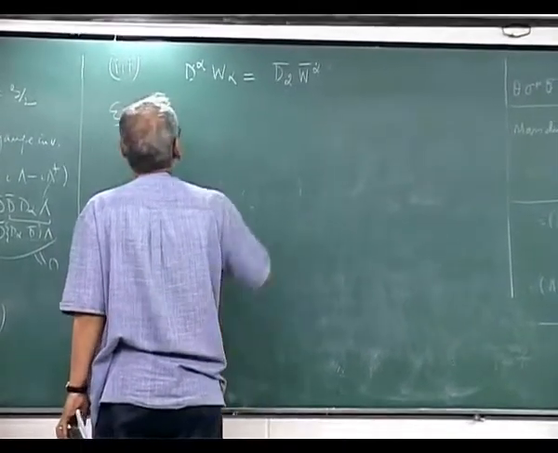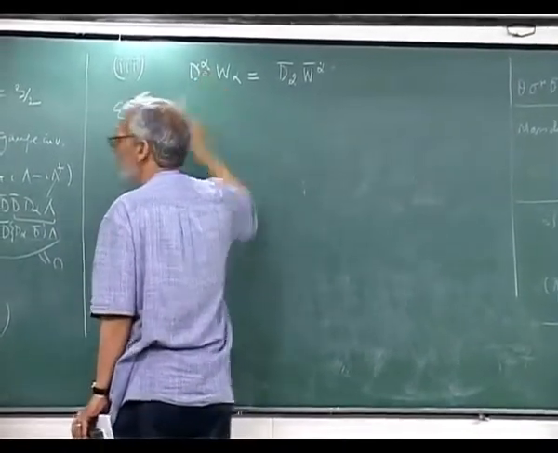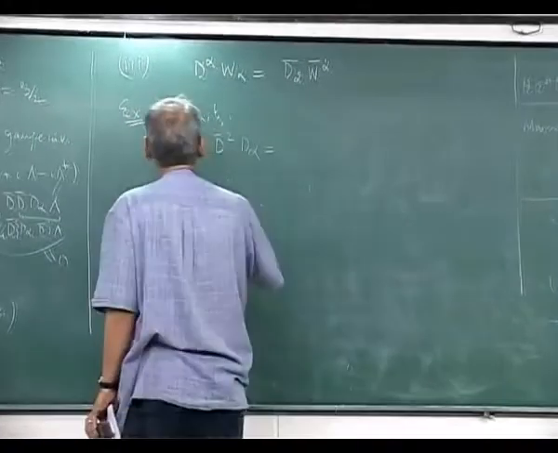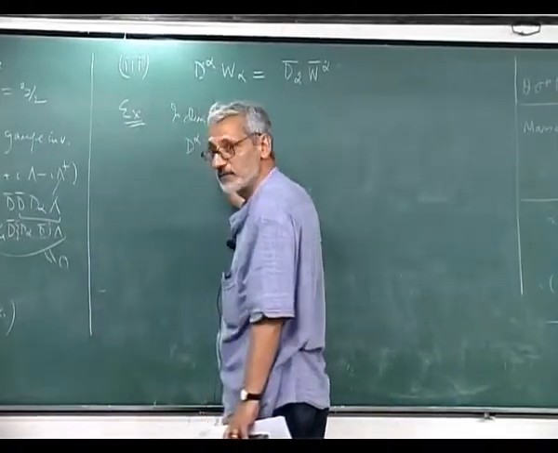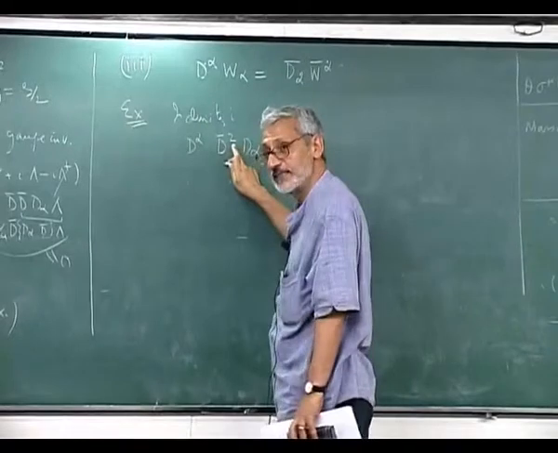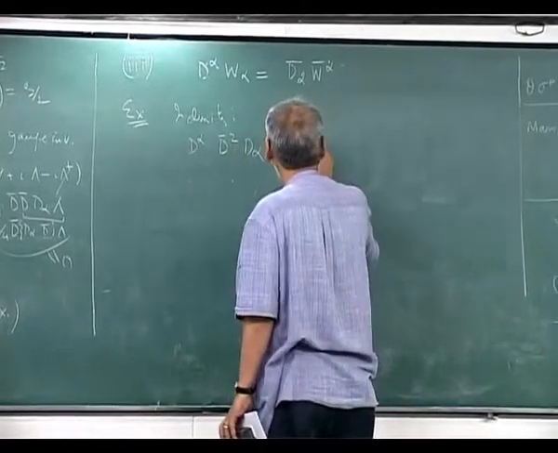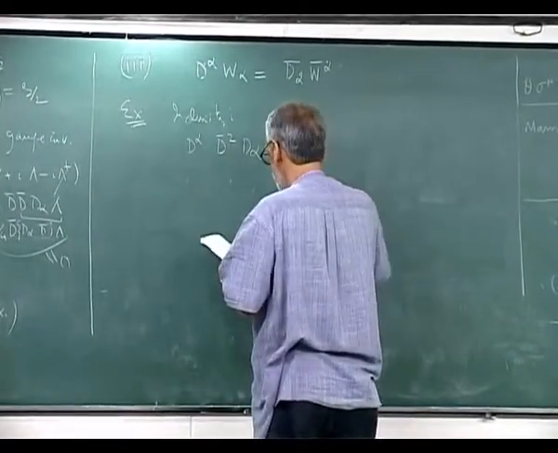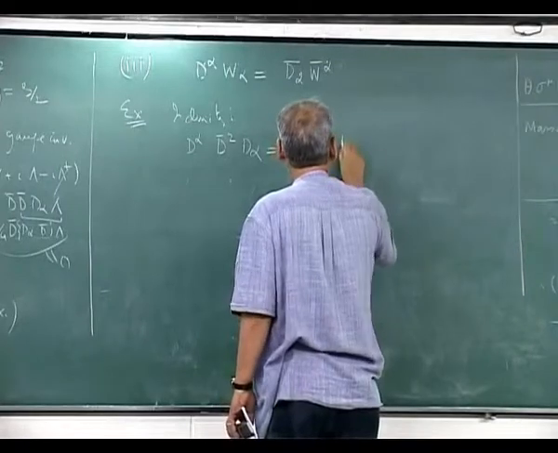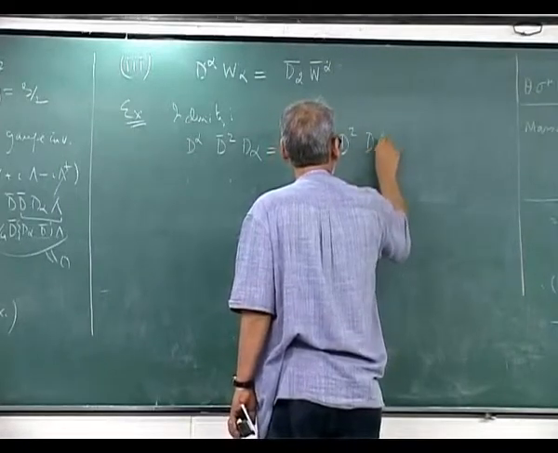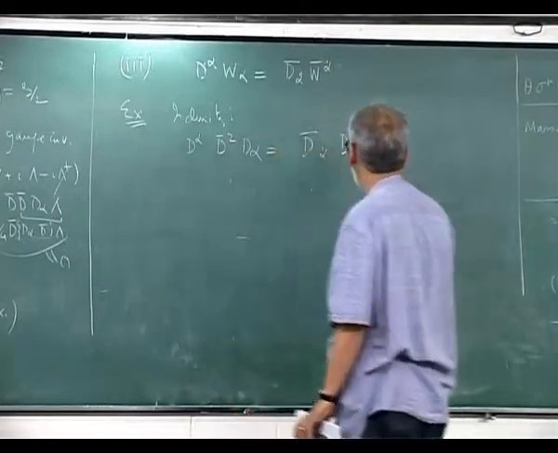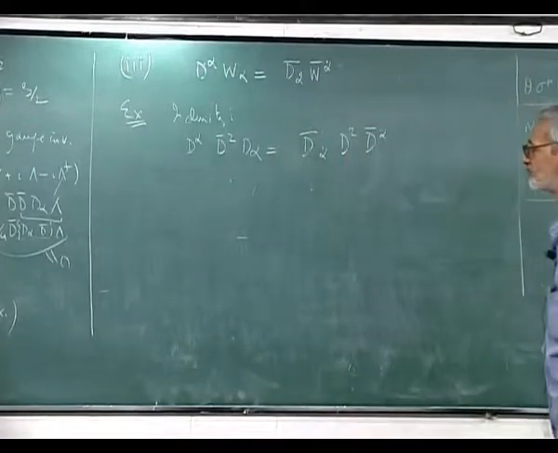Check this. Apply D alpha. D bar square is D bar D bar. This is square. Is same as D bar alpha dot of D square D alpha D dot D bar alpha dot.